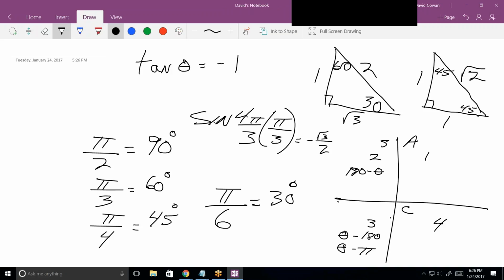So which angle are we looking at? Is it 30, 45, or 60, where the tangent's equal to 1? Ignore the negative sign for the moment. We have to figure out what theta is, what the equivalent first quadrant theta is.